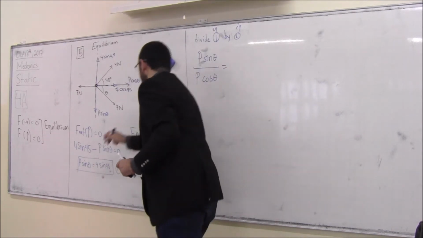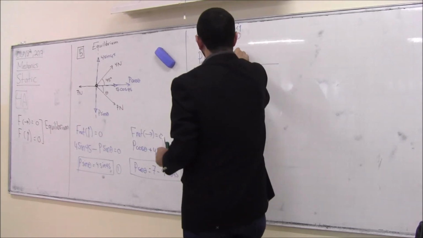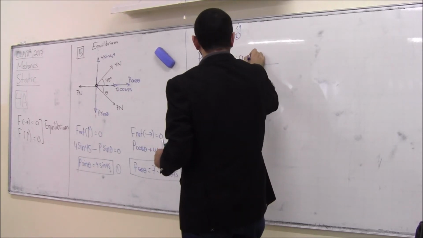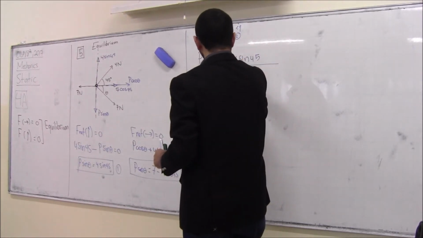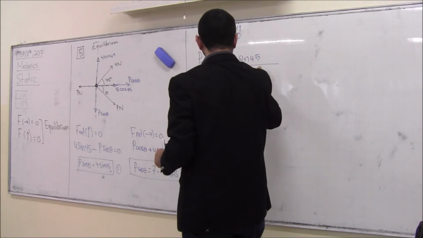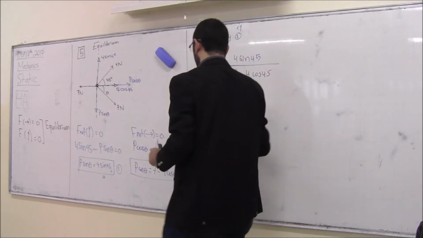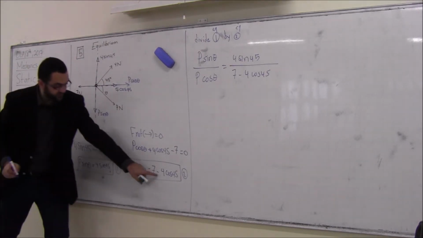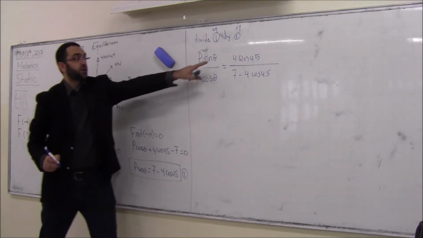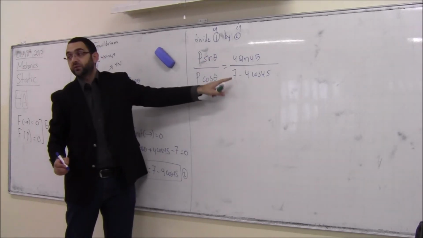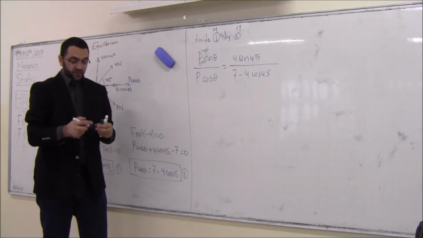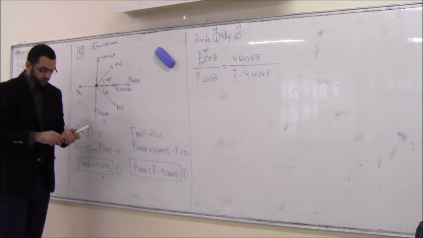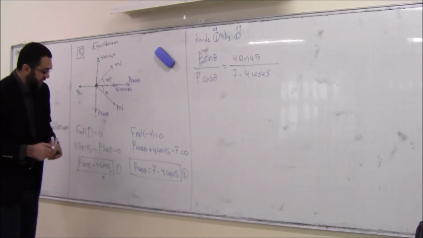Now the right side equals 4 sine 45 over 7 minus 4 cosine 45. This is the reason I arranged the equations in this way.